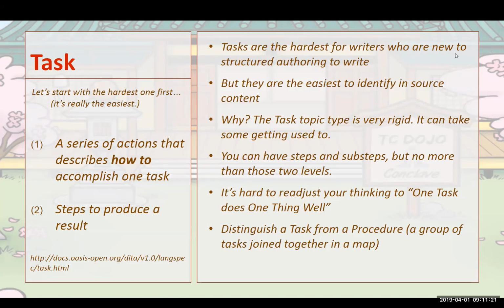But I would say if you have a lot of step sections and you've got things that are reusable pieces, like setting up the interfaces or creating the user permissions, that's not a sub-step. That's an independent task all of its own, because you're going to do that in other places too. All right, so how do we feel about task?